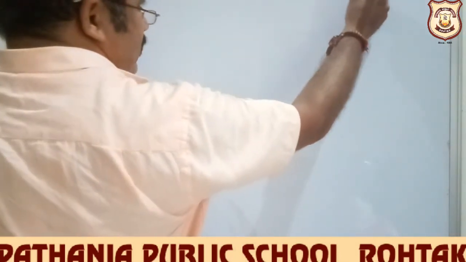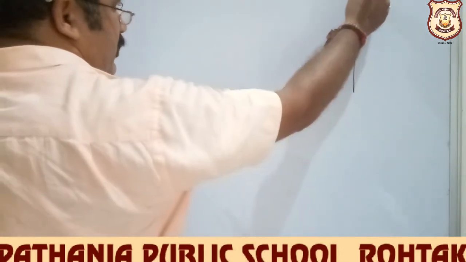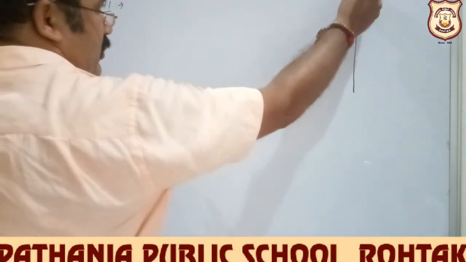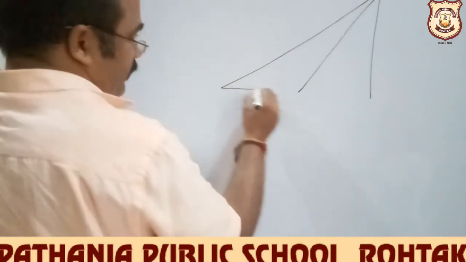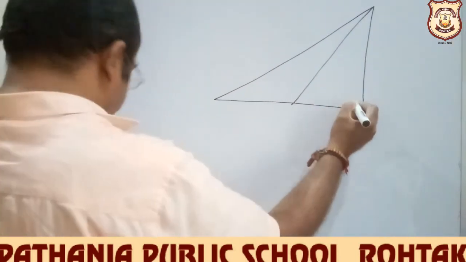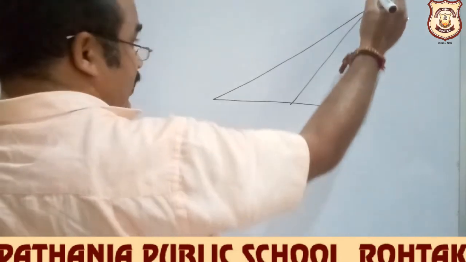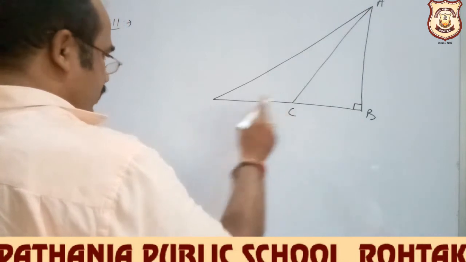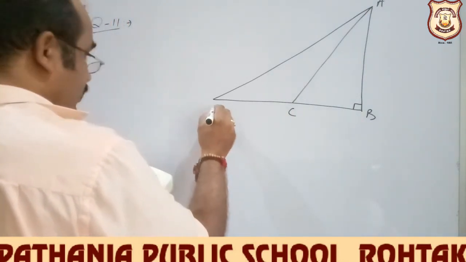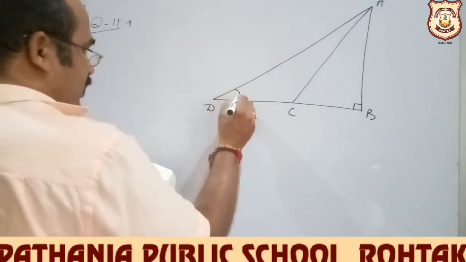This one is the tower. Like this figure is given, name it with A, B, C and D. This one is 30 degree.